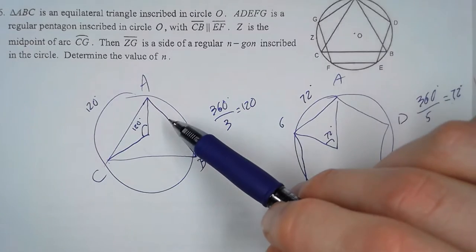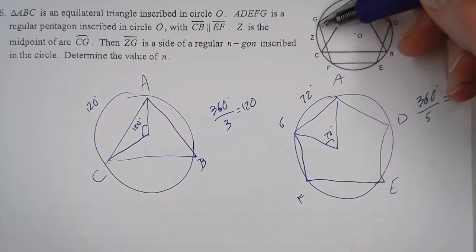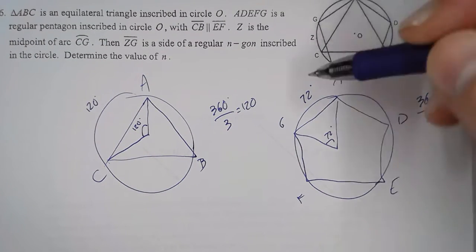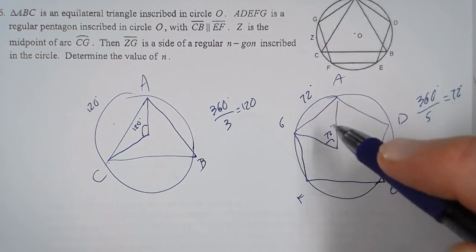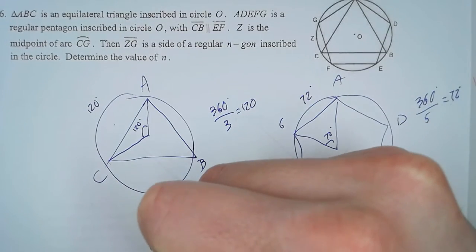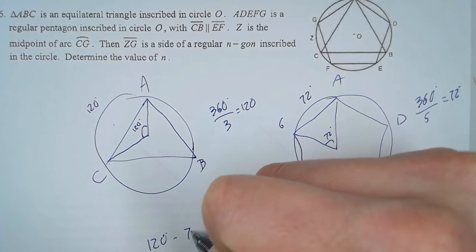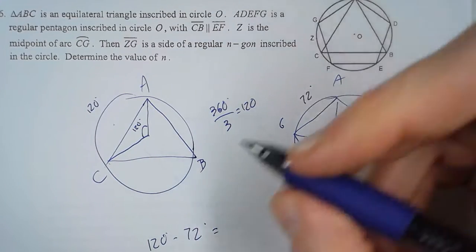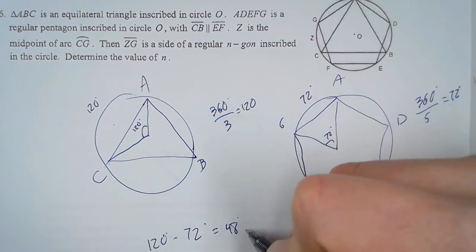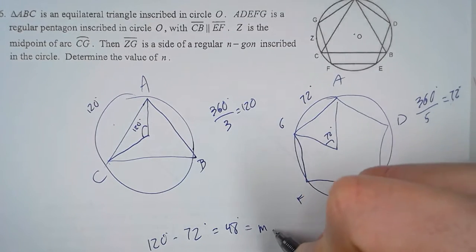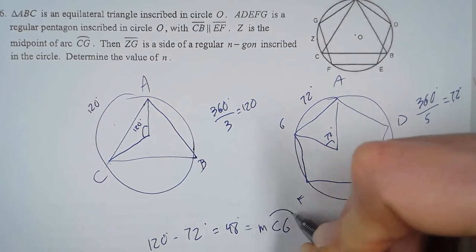So that means that this arc right here from C to G is the difference between these two arc lengths. So 120 minus 72, that's going to be 48 degrees, which is the measure of arc CG.